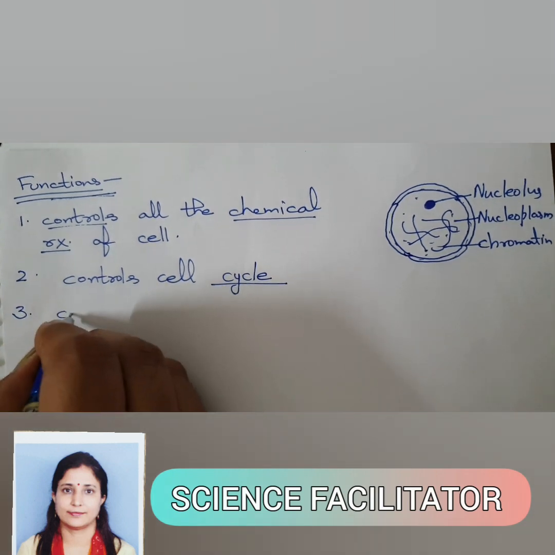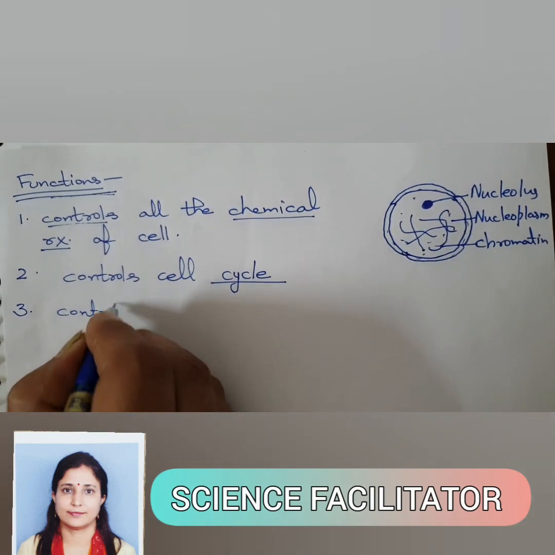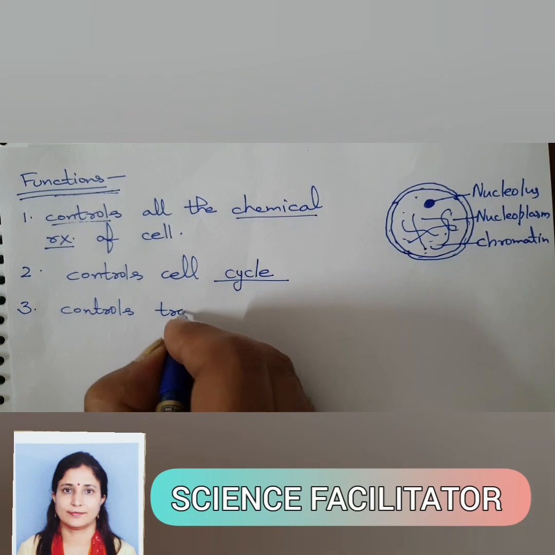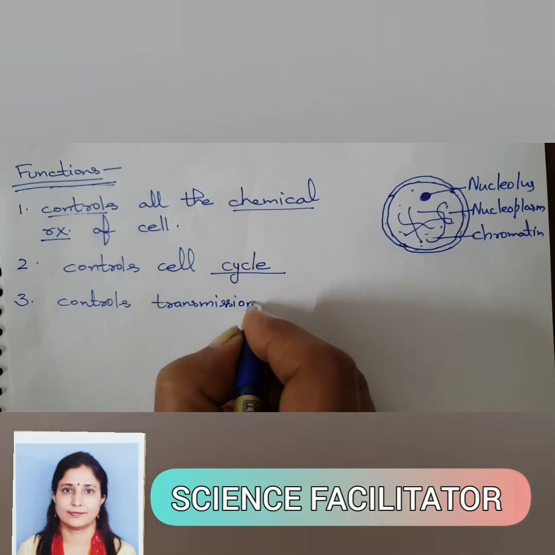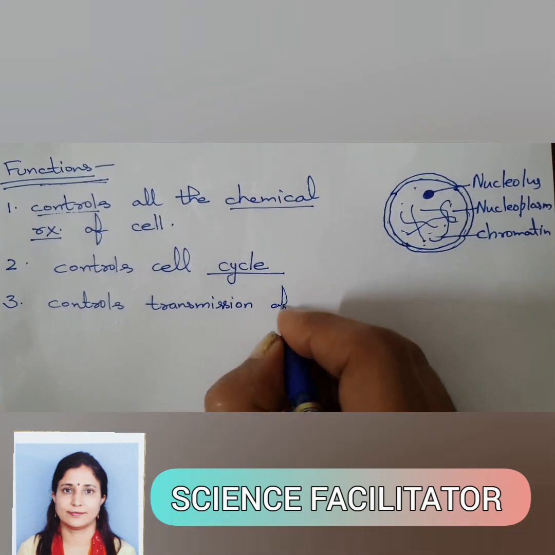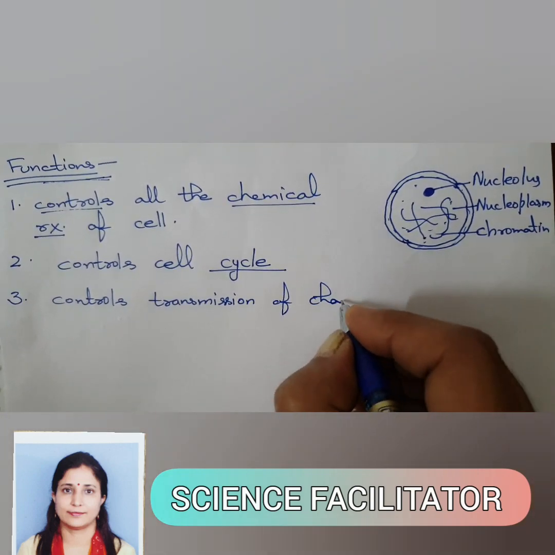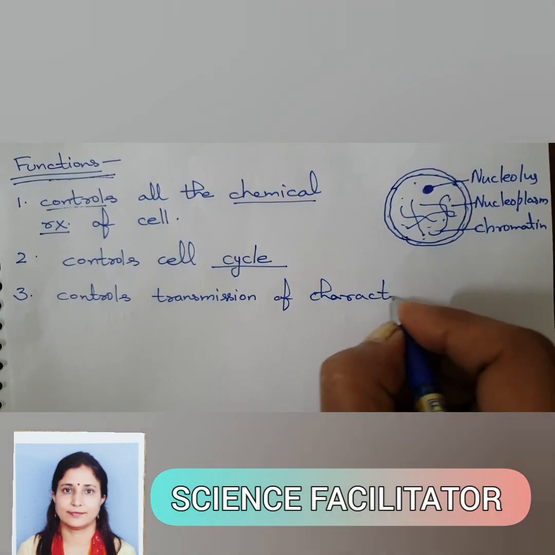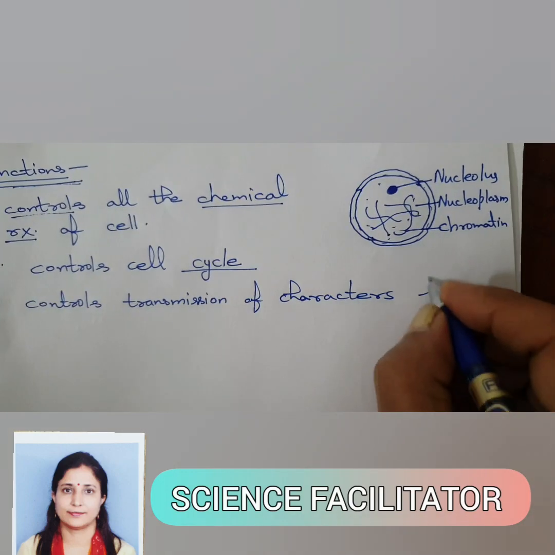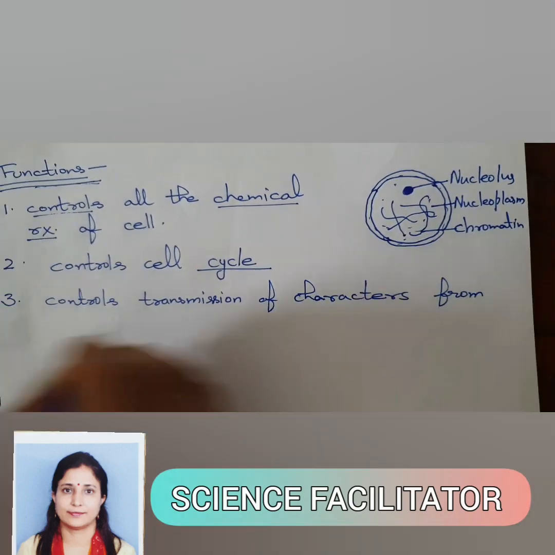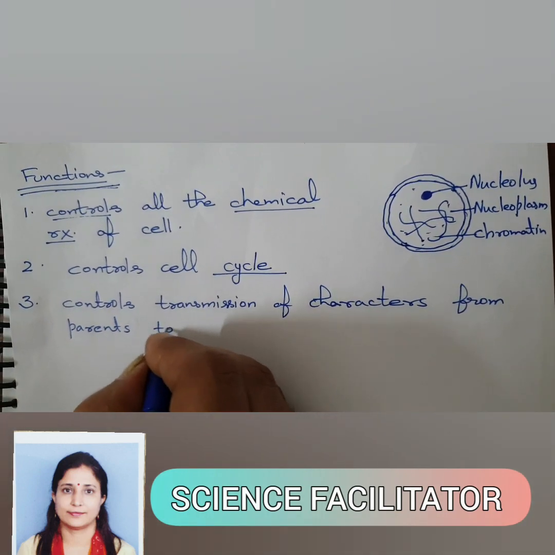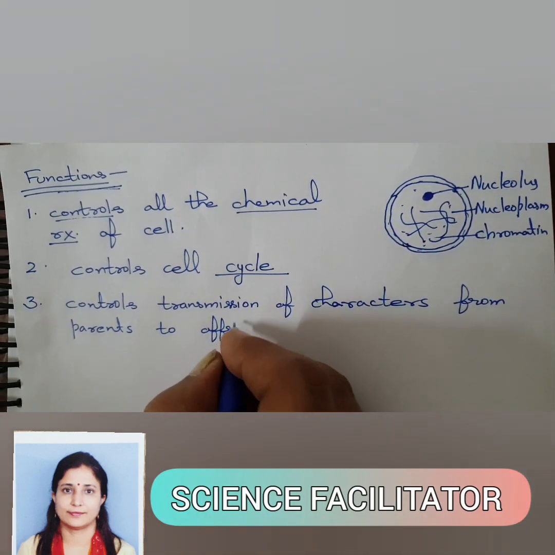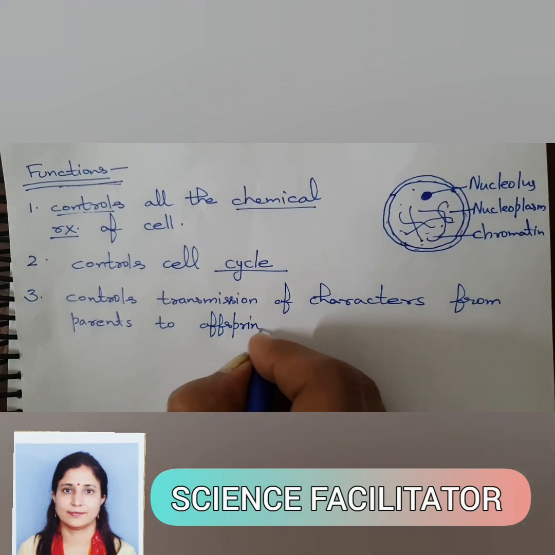The third main function is it controls transmission of characters from parents to offspring through the chromatin. As chromatin bears genes, due to that it controls transmission of characters from parents to offspring. So these are the functions of the nucleus.